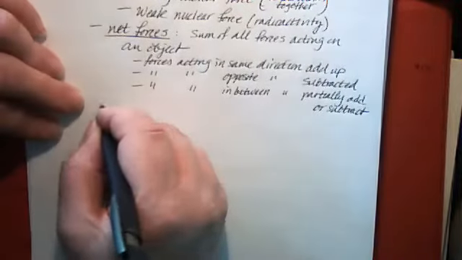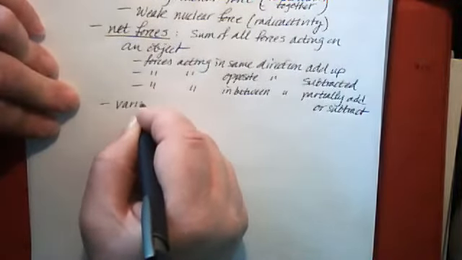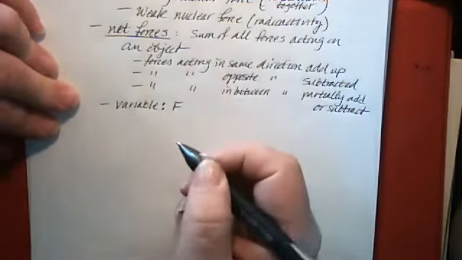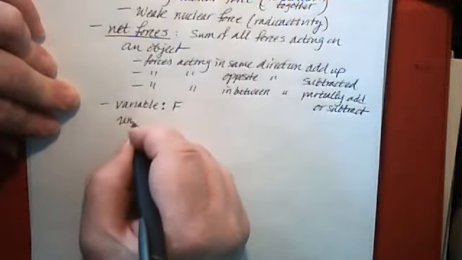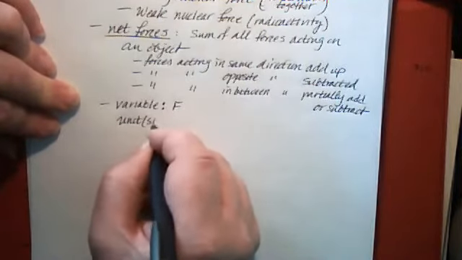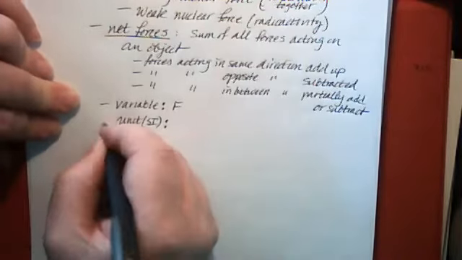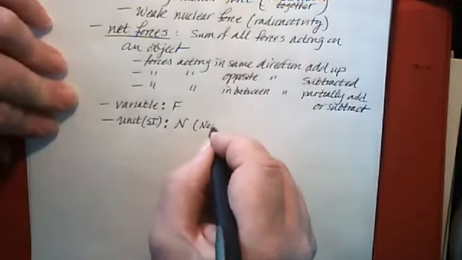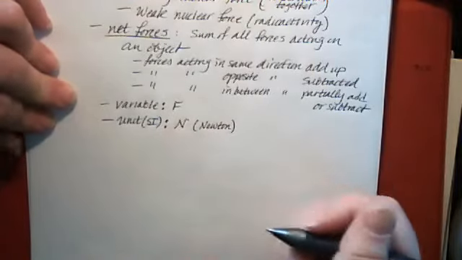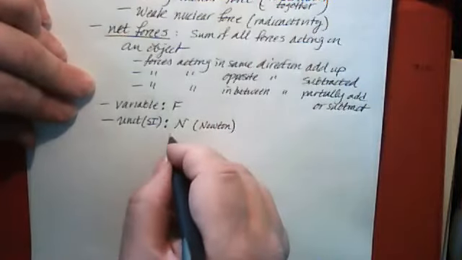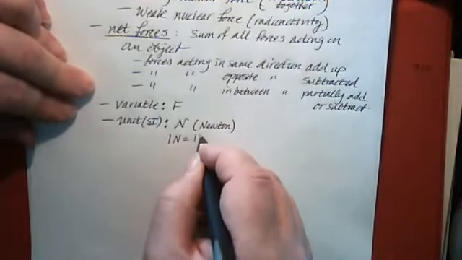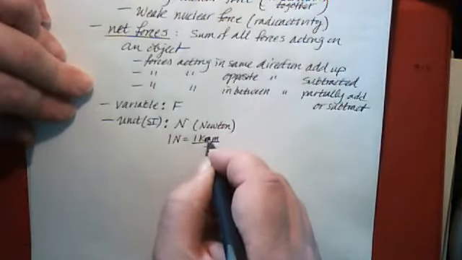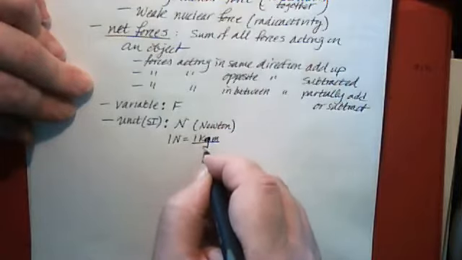Okay, so the variable for force would be a capital F, and the unit in the SI system would be the Newton, or a capital N. 1 Newton equals 1 kilogram meter per second squared.